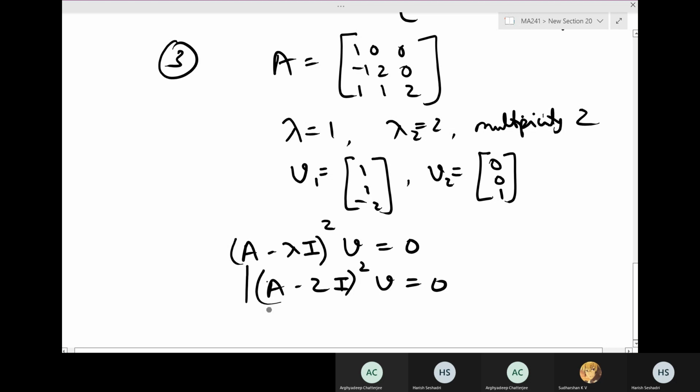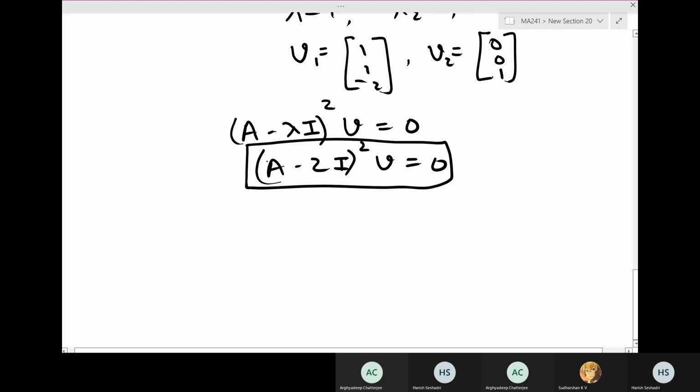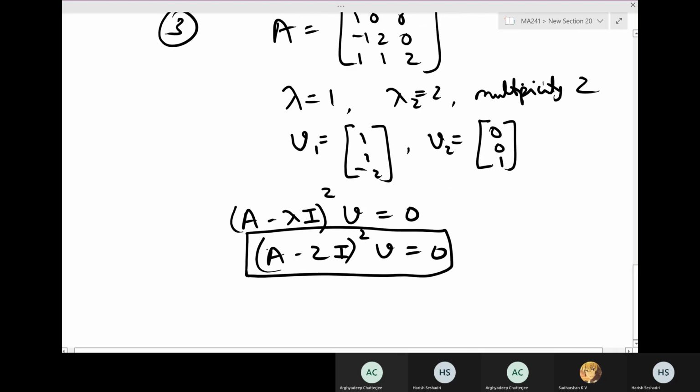So this is my equation for a generalized eigenvector. Then you simplify this, calculate this matrix, square it and so on, and then just solve the system of linear equations. Of course, you don't care about whether there's a unique solution or there can't be a unique solution.